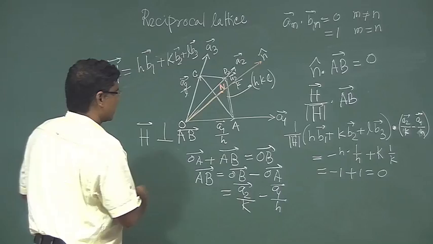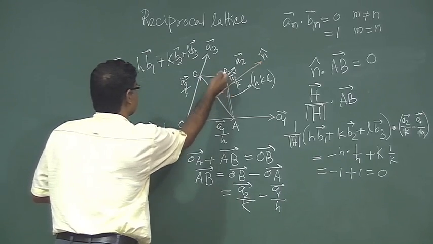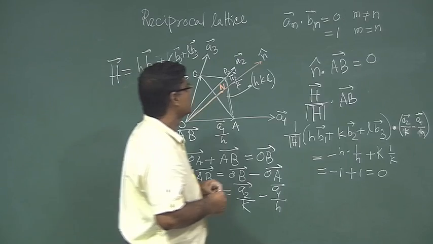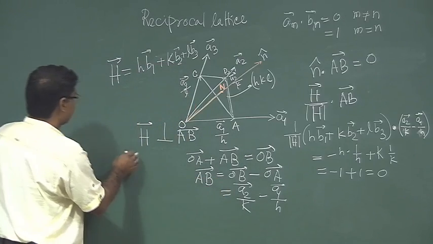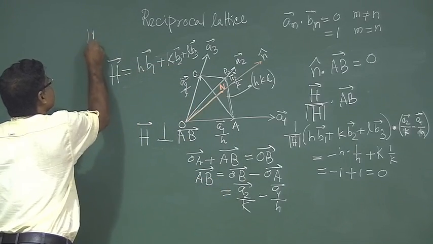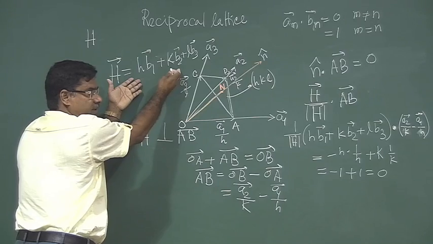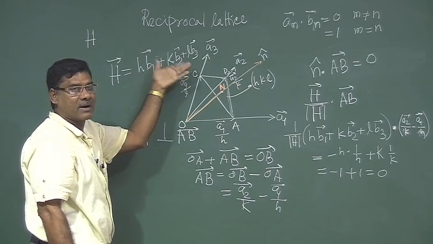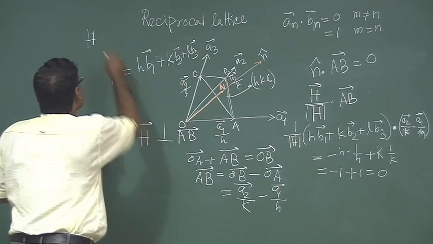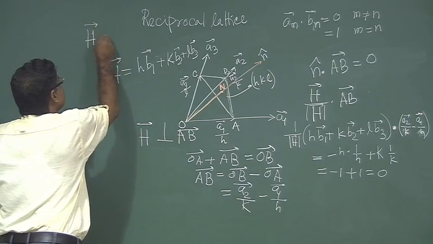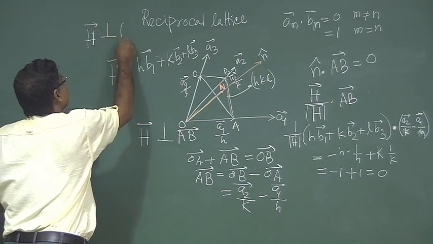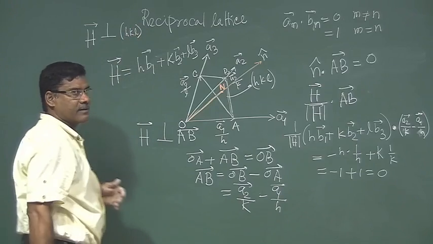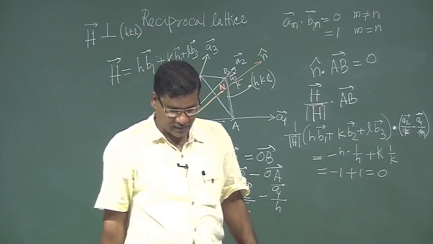So similarly one can show the other ones, and then I can say that H in this form, this is very important, it is normal to the HKL plane. Okay. So that I have proved.